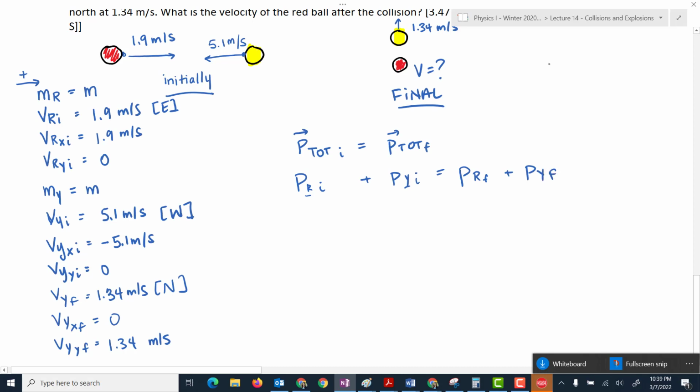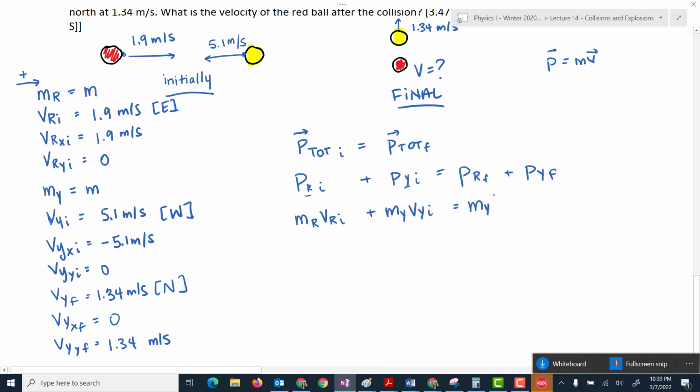And then we know our equation for momentum is m times v. So we can put that in. Now we have the mass of the red ball times the velocity of the red ball initially, plus the mass of the yellow ball times the velocity of the yellow ball initially, equals the same thing but final.